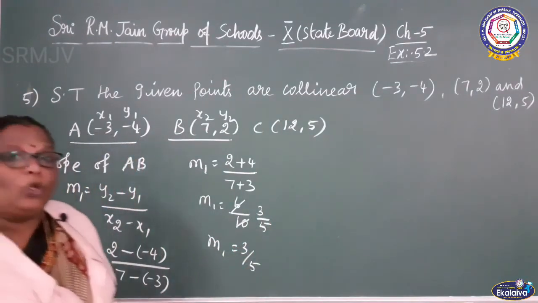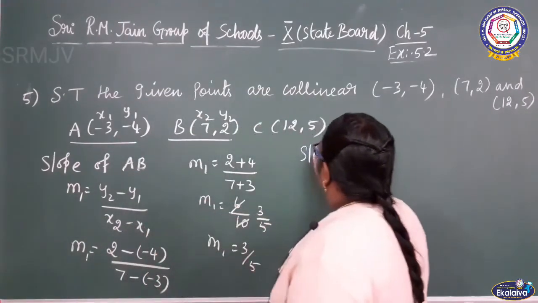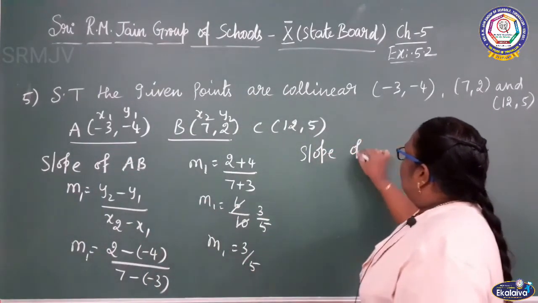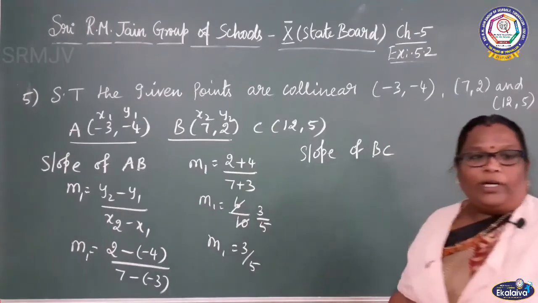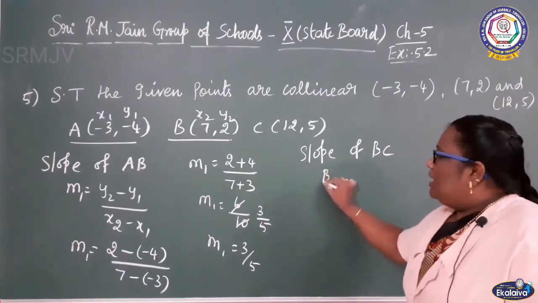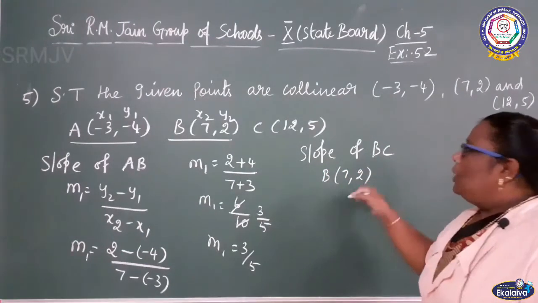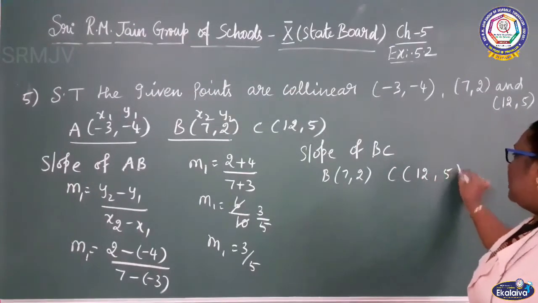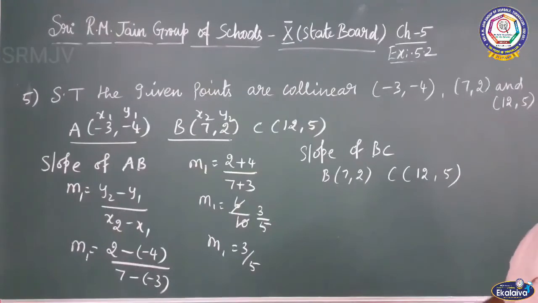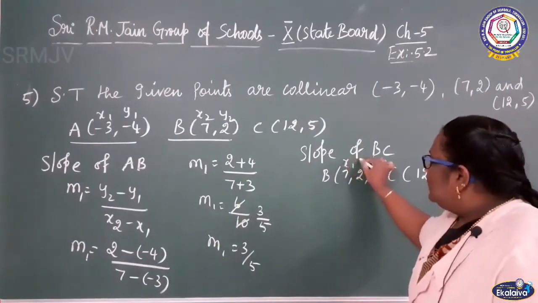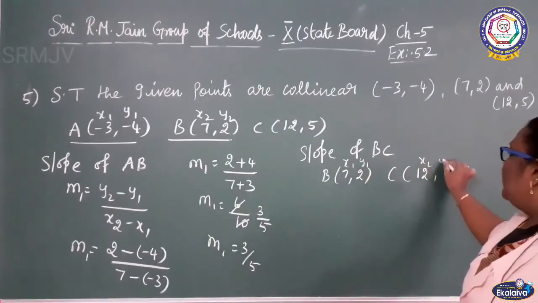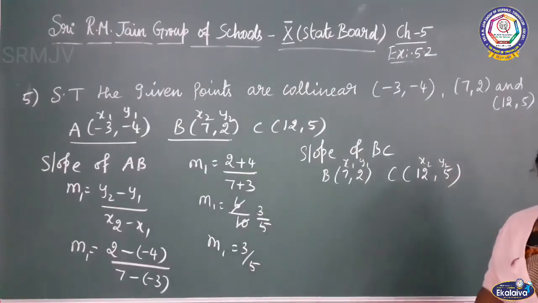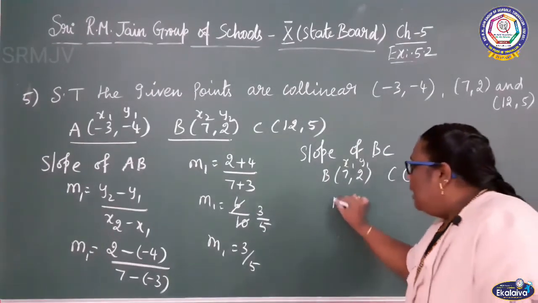Next you should find out the slope of BC. What is the value of B? B is (7, 2) and C is (12, 5). You mark this as x1, y1 and this as x2, y2. The same formula can be applied here.